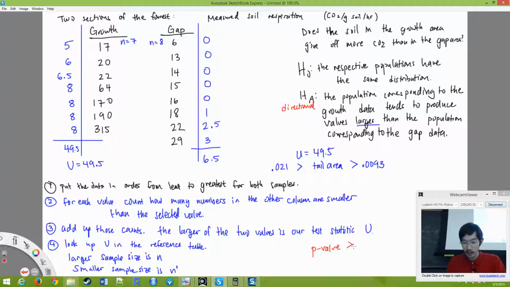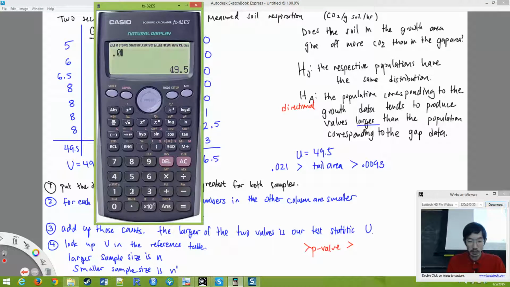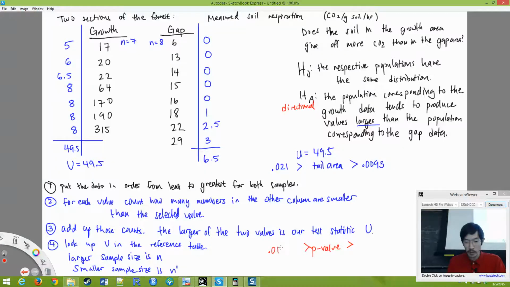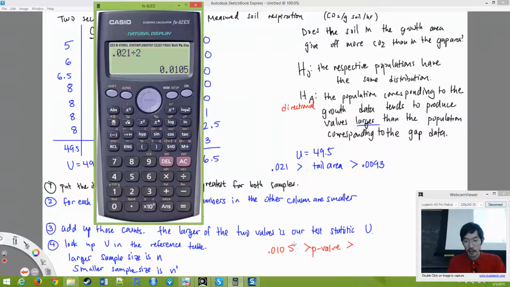So the p-value is going to be between 0.021 divided by 2, so 0.021 over 2, so it's going to be less than 0.0105, but more than 0.093 divided by 2, 0.00465.